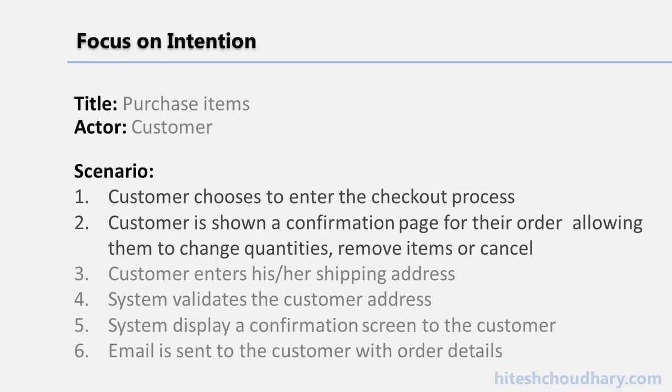When you are doing this, focus on intention. Keep the user interface out of it. A little earlier, I had shown a number of examples on the purchase item use case, and even on the first two steps of the scenario, customer chooses to enter the checkout process, and customer is shown a confirmation page for the order allowing them to change quantities, remove items, or cancel.